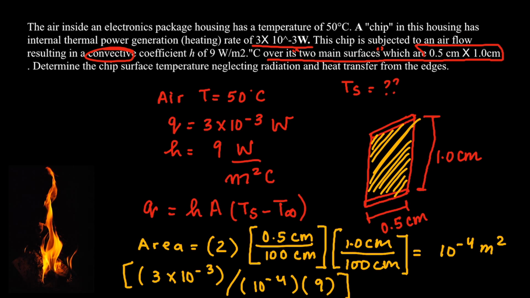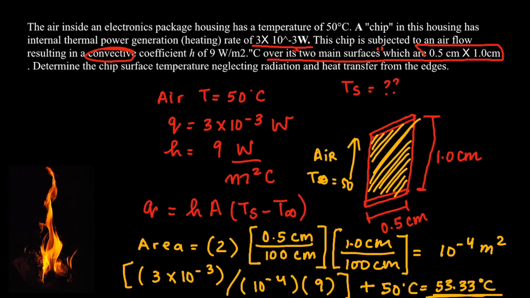And then all of this added to the ambient temperature of air. Air is flowing like this at T infinity of 50, so plus 50 C, and you get 53.33.